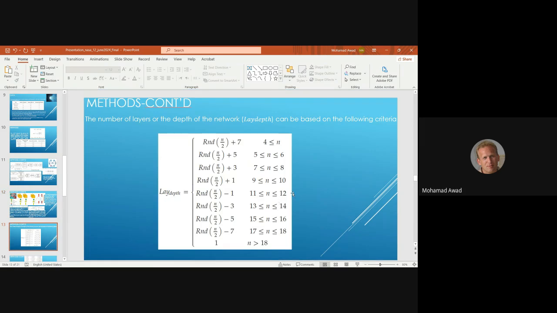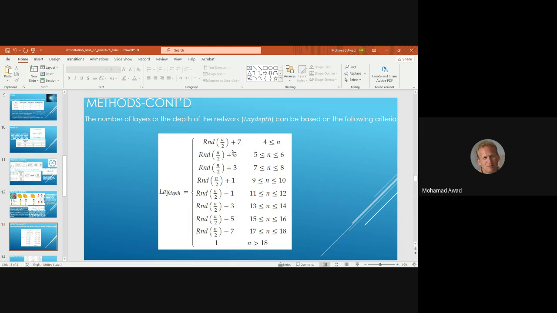In order to decide the depth of the network, we have n. n is the size of the layer, or the data set's dimension. So if the dimension is 4, for example, it has to start with at least n equal to 4 or greater than 4.